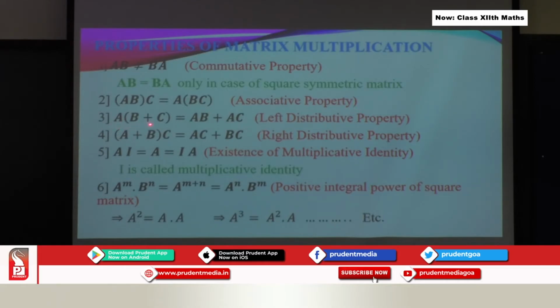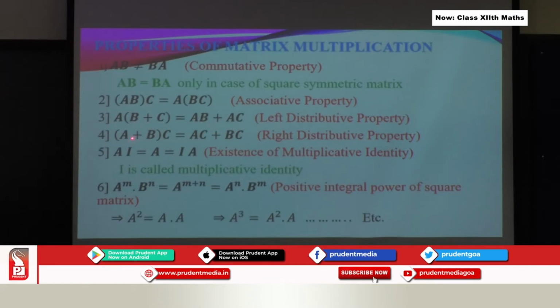Third case: you have the left distributive property and the right distributive property. What does it mean? When I say left distributive property, the matrix A, which is on the left side, is getting multiplied into the bracket.